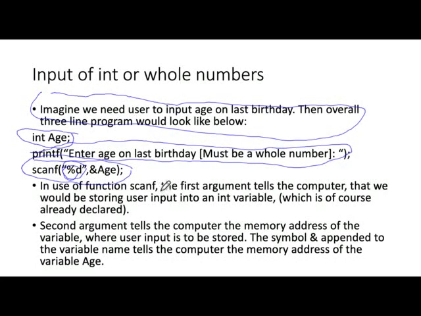We do that, and of course age has already been declared. And the second argument, this one, tells the computer the memory address of variable where user input to be stored. So these two directions again map with each other.